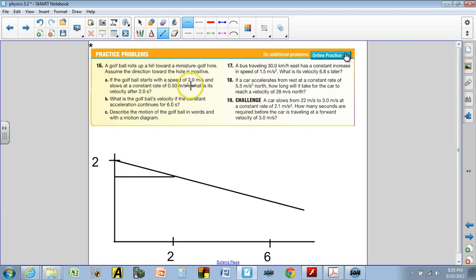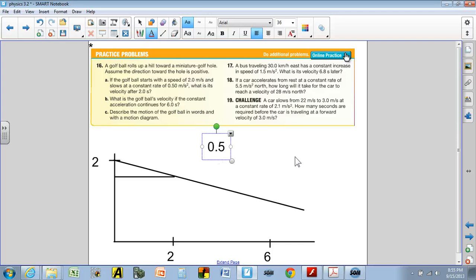And so if we want to figure out what the velocity is after 2 seconds, we know that it's going to slow down. Okay, and we have a triangle here, and we know that the slope of this triangle, we're told, is 0.5 meters per second squared. So we know that the slope, 0.5, is equal to rise over run. The rise is what we're looking for over here.